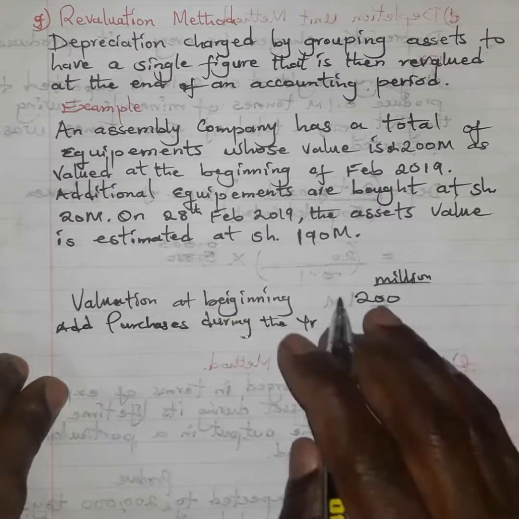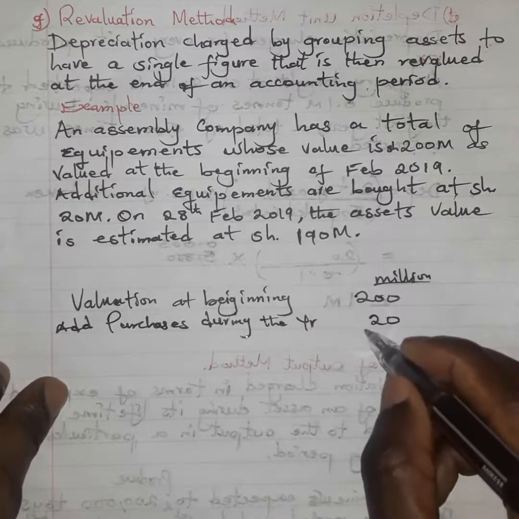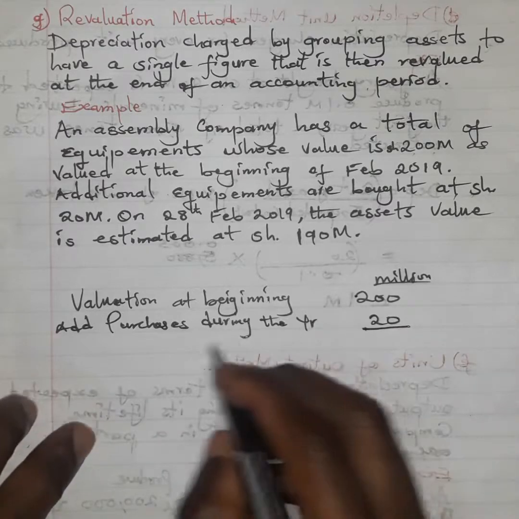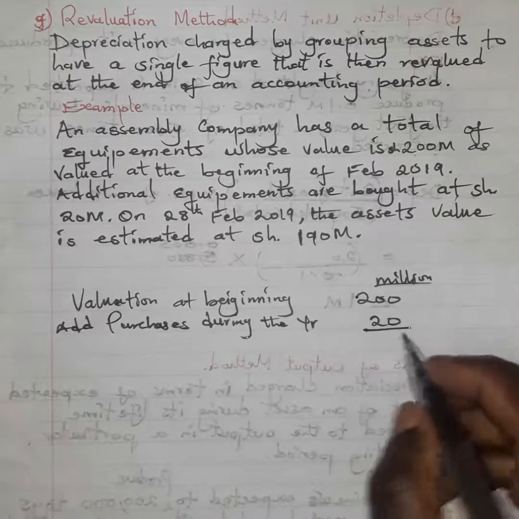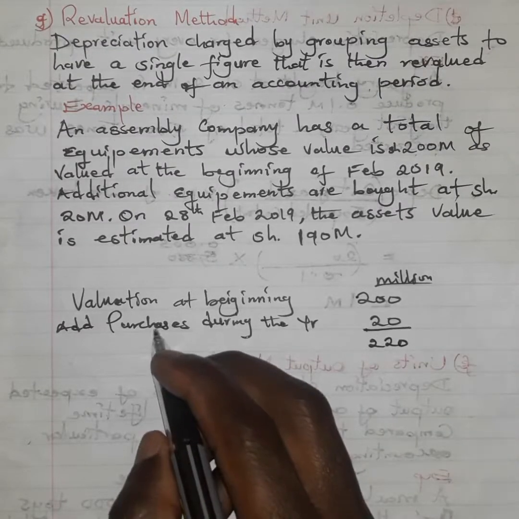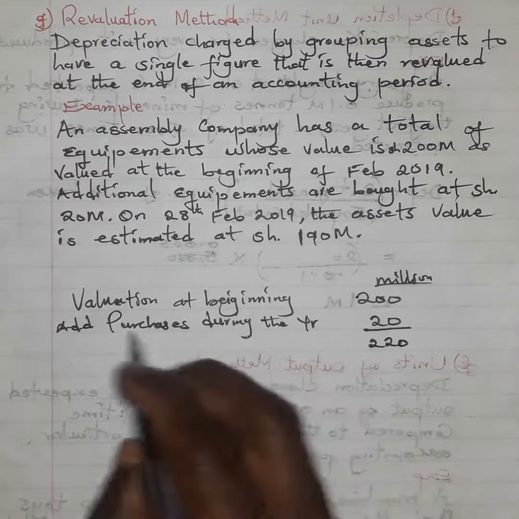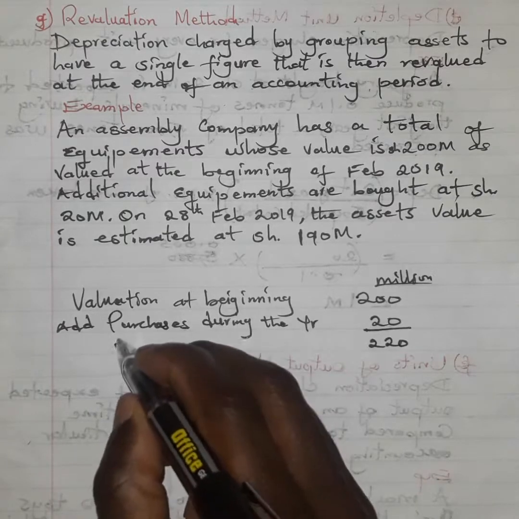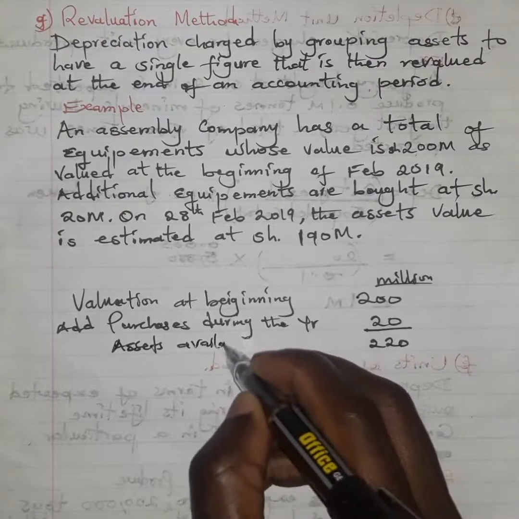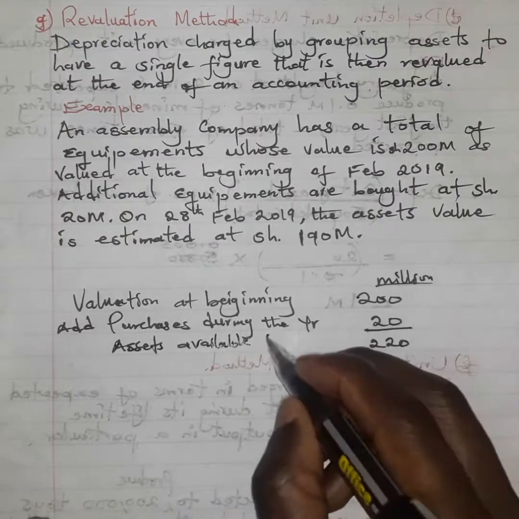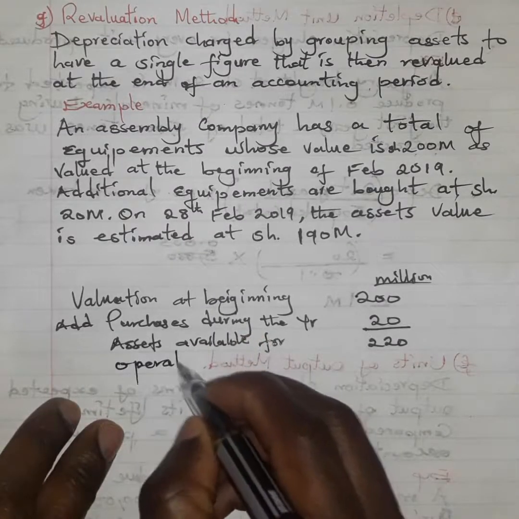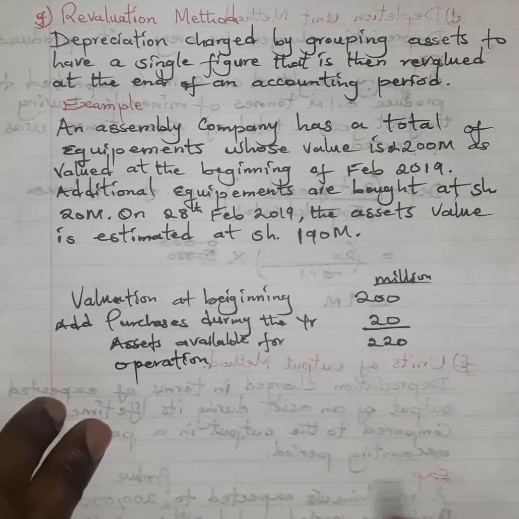When you add those two, we get 220 million, which is part of the assets available for operation, to facilitate operation.